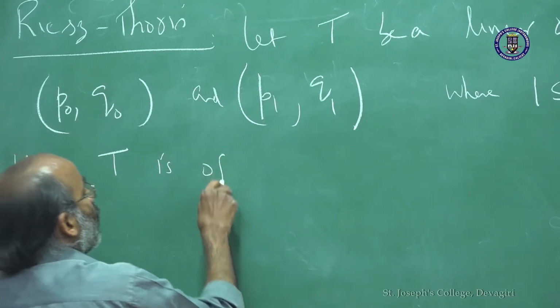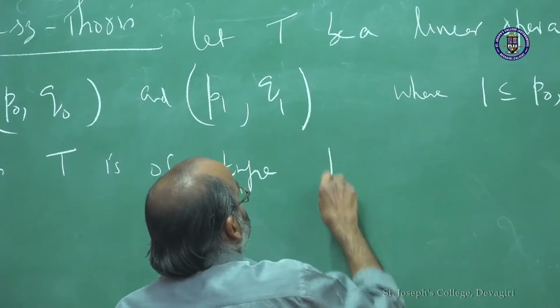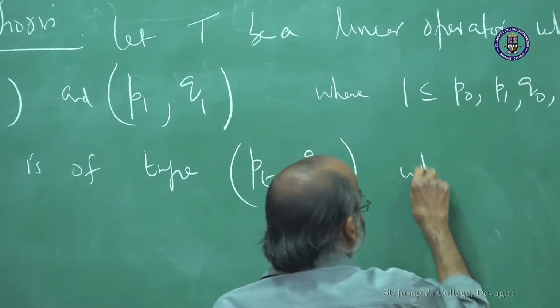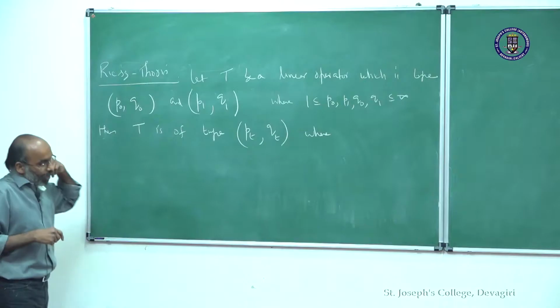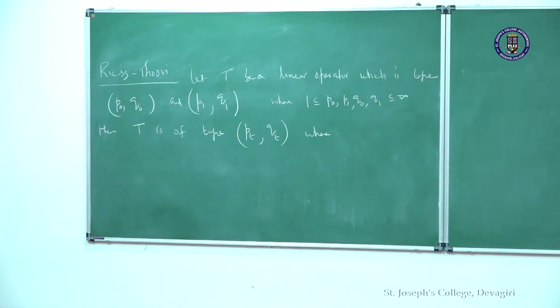T is of type (p_t, q_t). This is the conclusion we want: if it is bounded between two L^p spaces, then it is bounded in between. Which p goes to what q has to be specified.